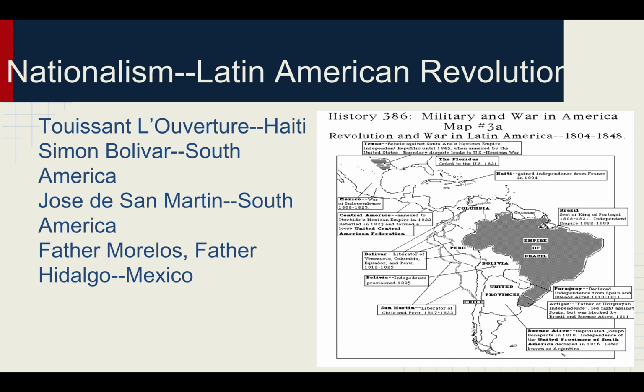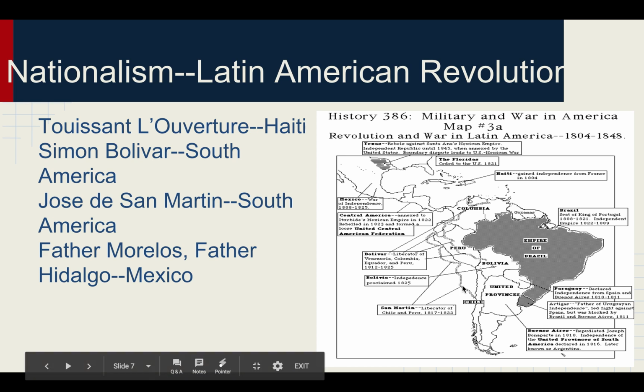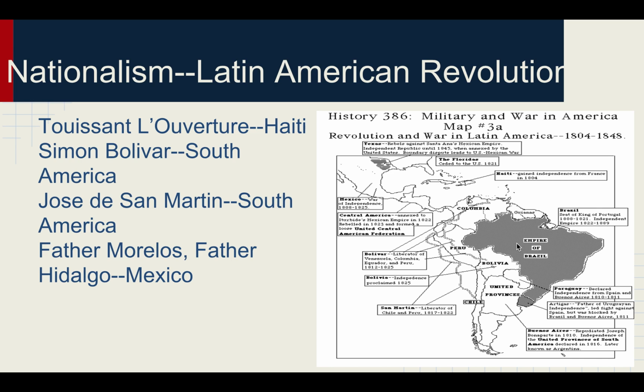They had education, they knew what they were missing out on, and that was privileges, and they wanted freedom. So Simón Bolívar, together with José de San Martín, are going to work to liberate South America from Spain. Portugal will hold on to Brazil for a little bit, but by 1889, Brazil will be independent.